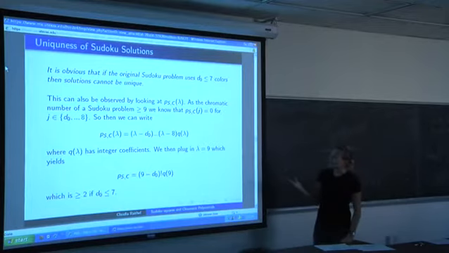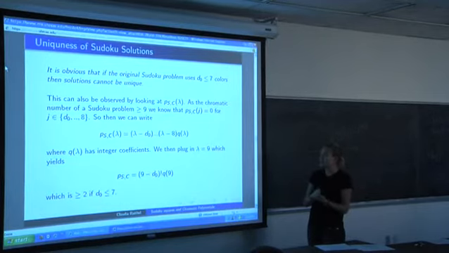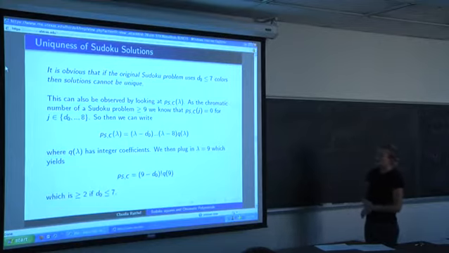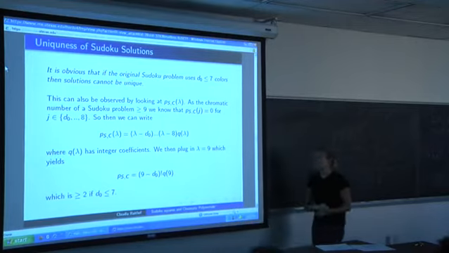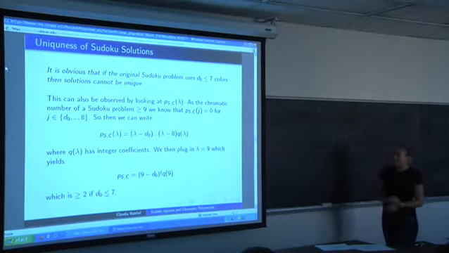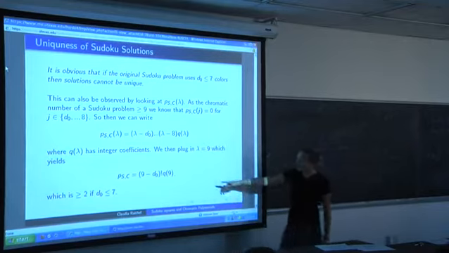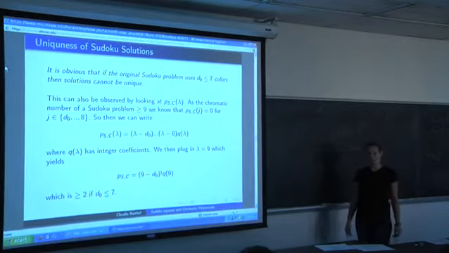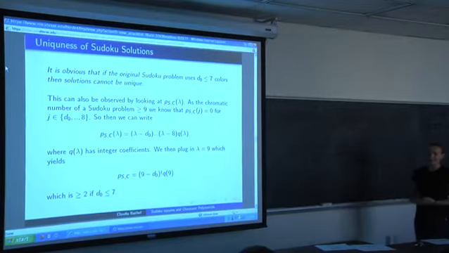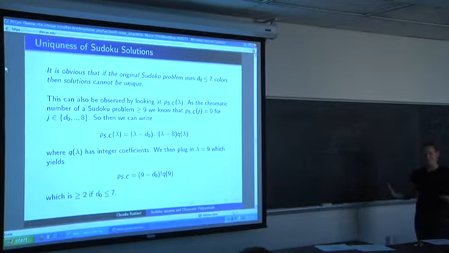So you know that the polynomial that we just derived, evaluated from d naught up to 8, is going to have to be equal to 0 because there are no ways to complete that coloring with less than 9 colors. So then we can factor the polynomial like this, where q has integer coefficients, and then we plug in 9, and we get this. And when d naught is less than or equal to 7, that's going to be greater than or equal to 2. And it has to be positive because we're counting the ways to complete proper colorings.